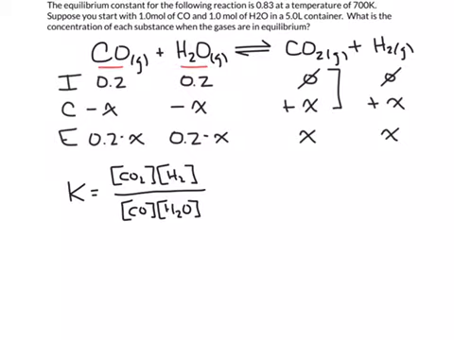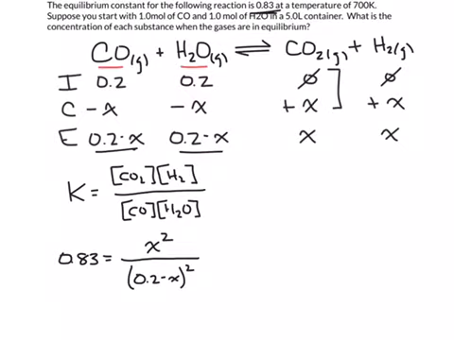Up at the top it tells me that my equilibrium constant is 0.83, so we can actually replace our K with 0.83, and then we can plug in some values here. Because CO2 and H2 are both X, we'll have X times X on the top, so I'll just simplify that to X squared. And then on the bottom, I have 0.2 minus X times 0.2 minus X, so we'll simplify that to 0.2 minus X squared.